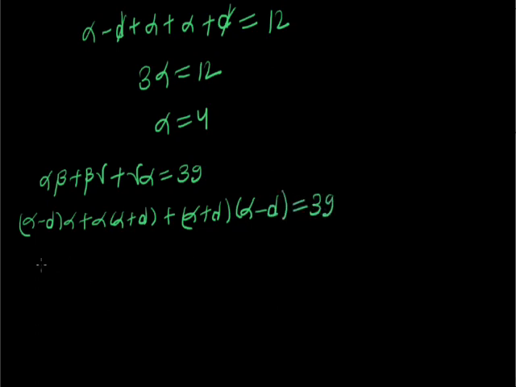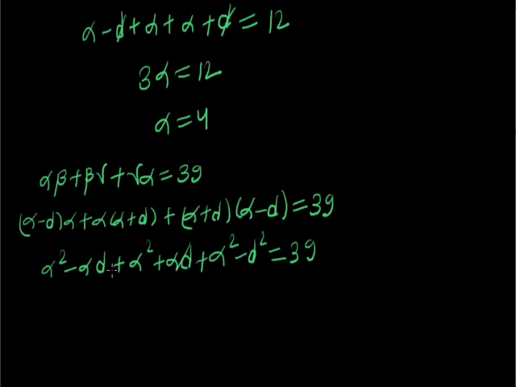Now if you simplify this expression, we open the brackets: alpha square minus alpha d plus alpha square plus alpha d, and finally a plus b into a minus b, that is alpha square minus d square, comes out to be 39. Here alpha d gets cancelled out, so 3 alpha square minus d square is equal to 39.